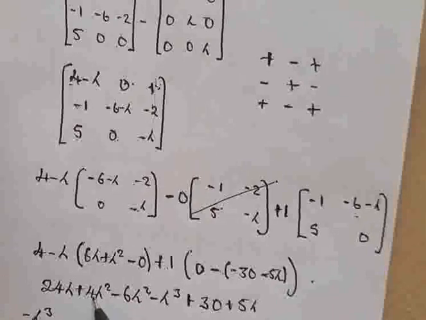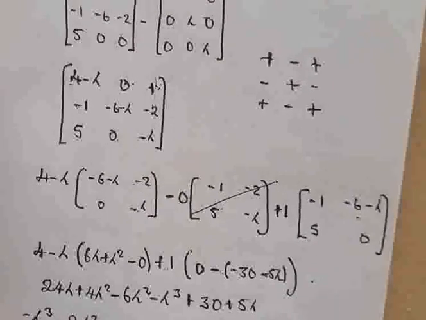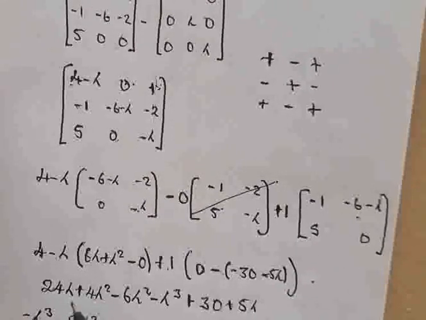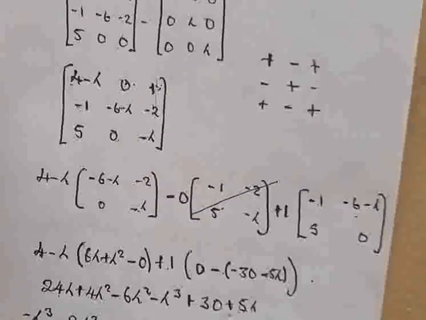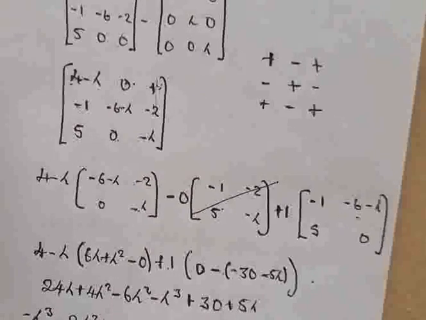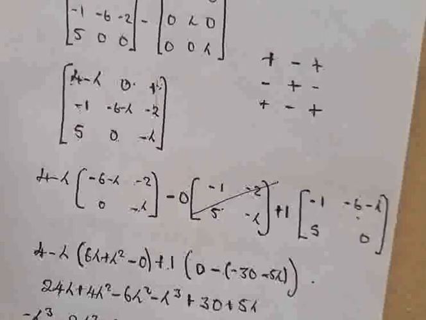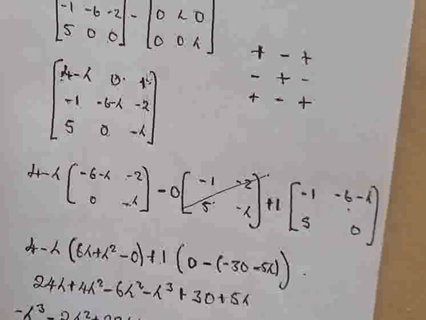So 4 lambda squared minus 6 lambda squared, it will be negative 2 lambda squared. Then those that have only lambda, we have this one and this one there. So 24 lambda plus 5 lambda to be plus 29 lambda. Constants, we only have one constant which is 30, so plus 30.